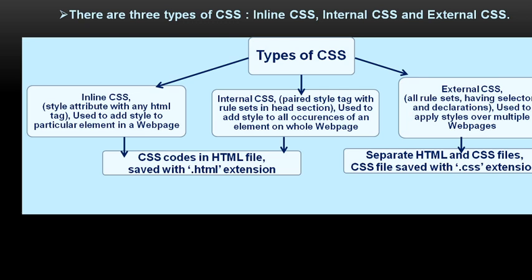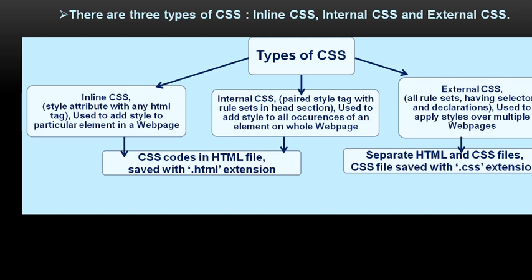See the next type of CSS, that is internal CSS. Internal CSS is used when we want to add style to all occurrences of an element on that whole particular web page.